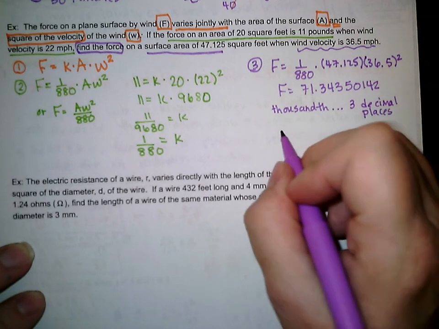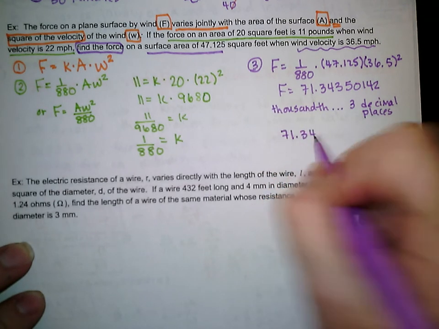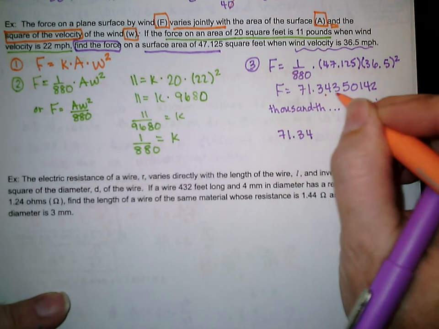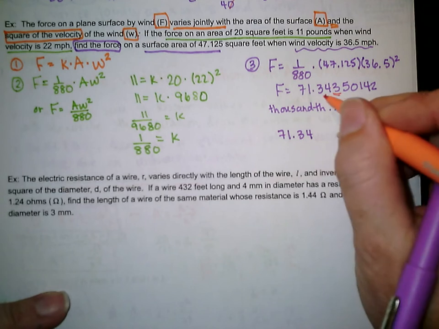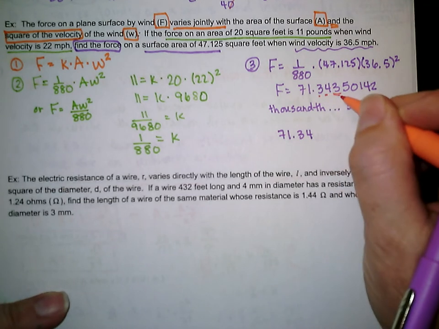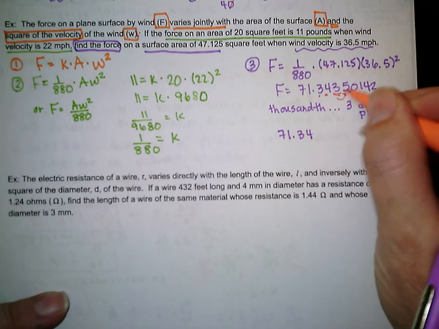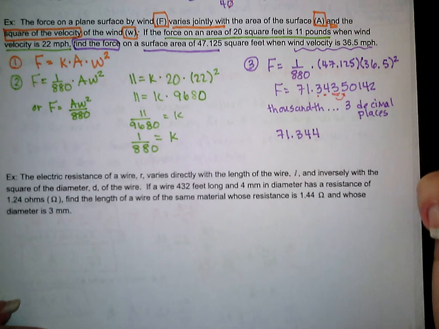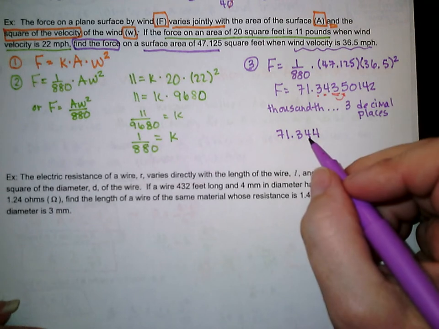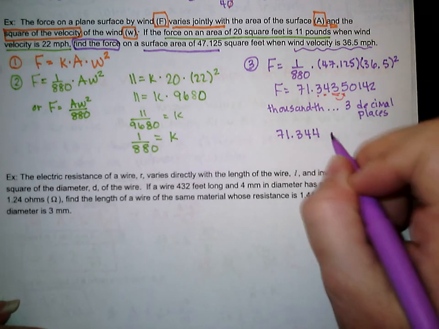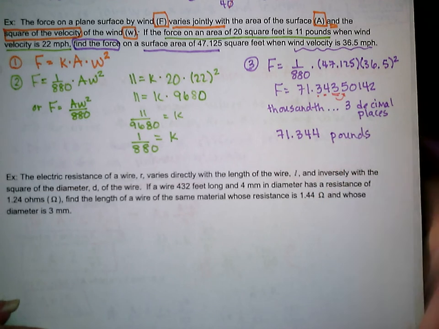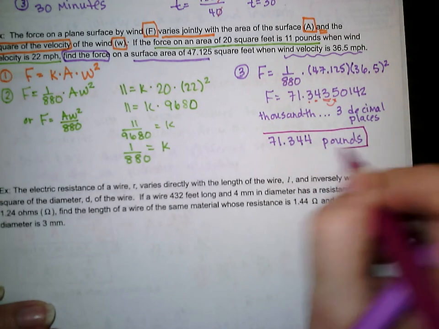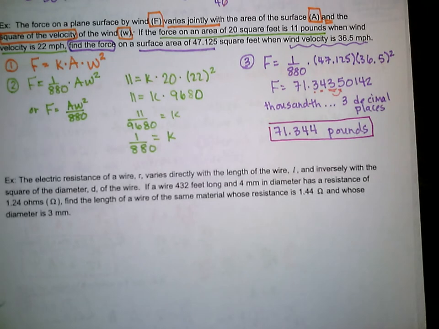So we'll go 71.34, and then the thousandths place is right here. So we go tenths, hundredths, thousandths. We look to the right. If that number is 5 or higher, we bump this up. If not, we leave it alone. So 71.344 is what we end up with. And the units for force was pounds. So at the end of all of this, the answer they were looking for was this. But we had to do all those other steps along the way.